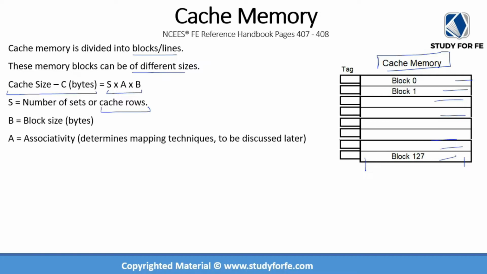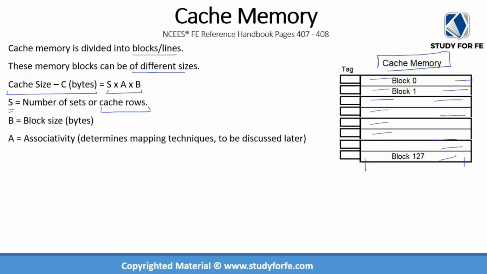So for us to understand what S is, what A is, and what B is, let's look at the two easiest ones. The first one is S, the number of sets or cache rows. This is pretty simple. So you have these rows in cache memory.